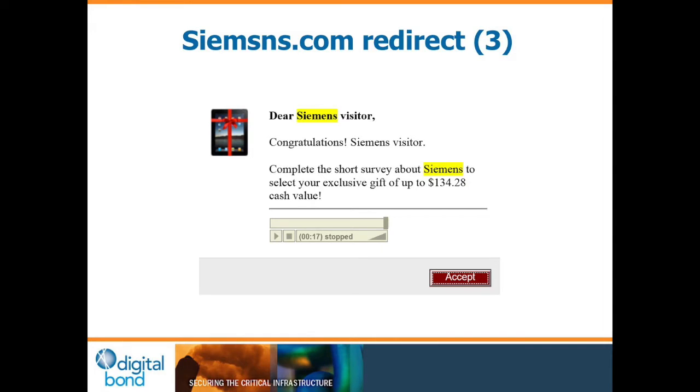And then this is another seamsins.com redirect that says, hey, it's clear from this that the squatter knows they're sitting on a Siemens typo squat. They're saying, hey, you're trying to visit the Siemens website, download this program and you could get some cash. I don't think many people would fall for this, but it's there.